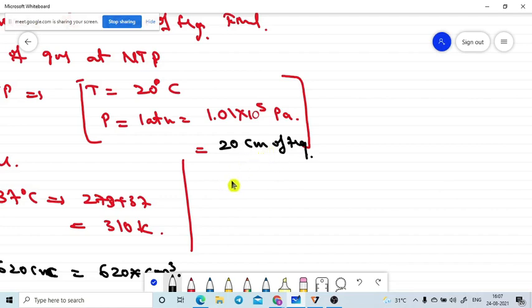After that I will show. Is there any issue? One minute. Is normal temperature pressure 20 centimeter of Hg or 76 centimeter of Hg? I hope it is 76 centimeter of Hg. Hello?